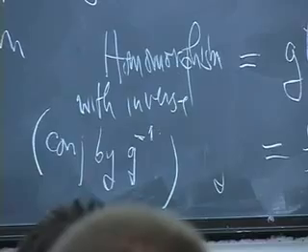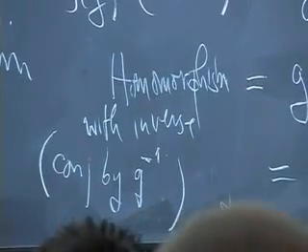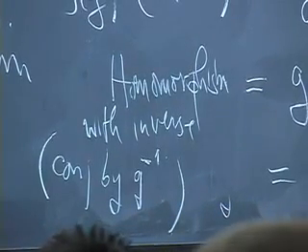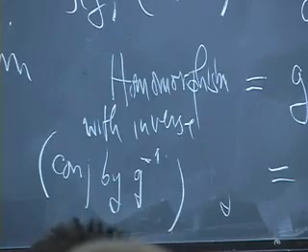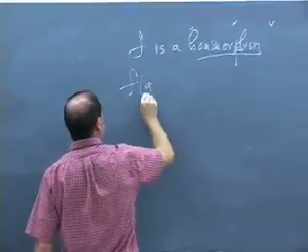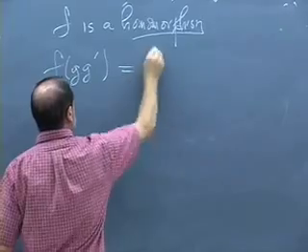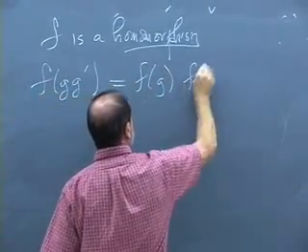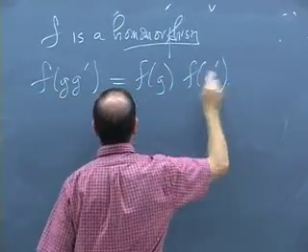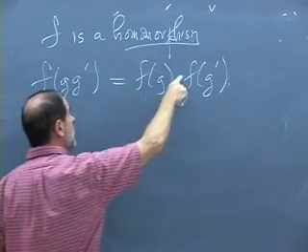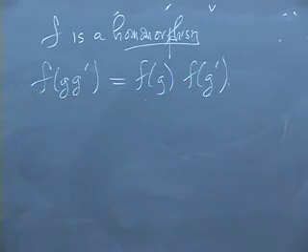And now let's check that F is a homomorphism. There we have to check that F of gg' is equal to F of g composed with F of g', where this is multiplication in G and this is composition of automorphisms.